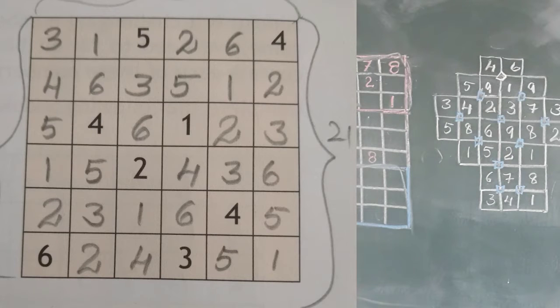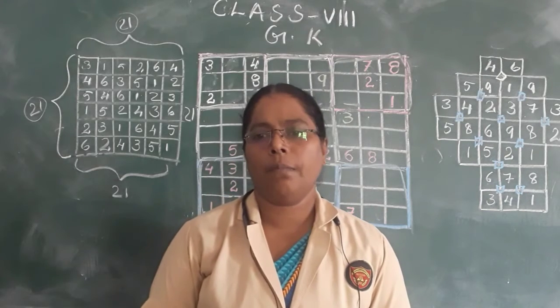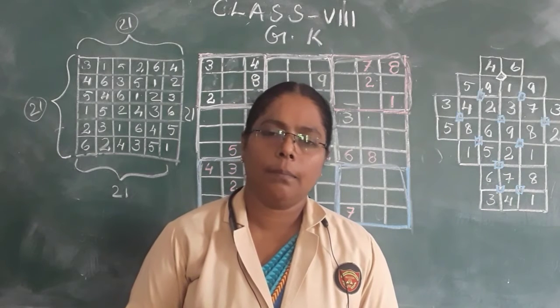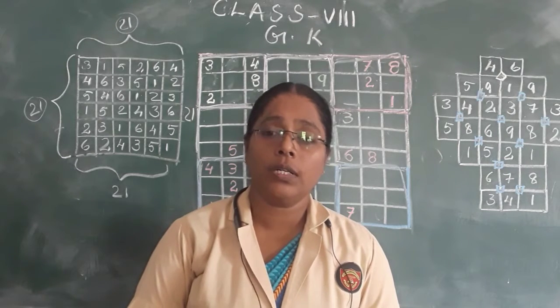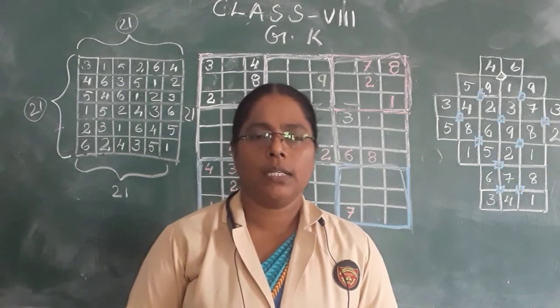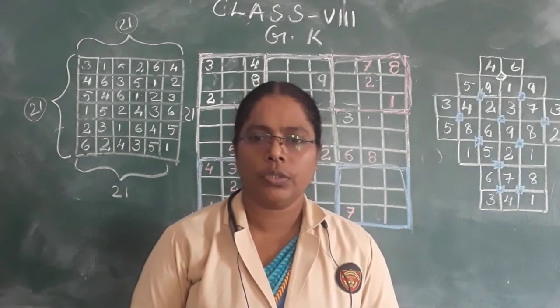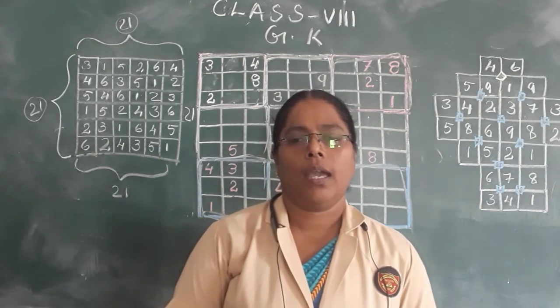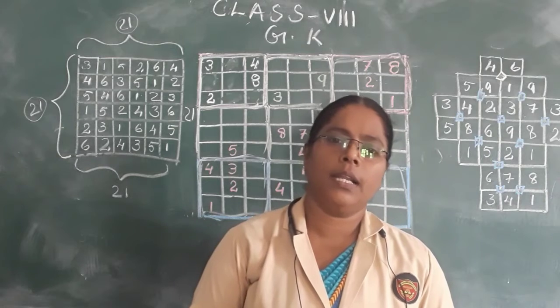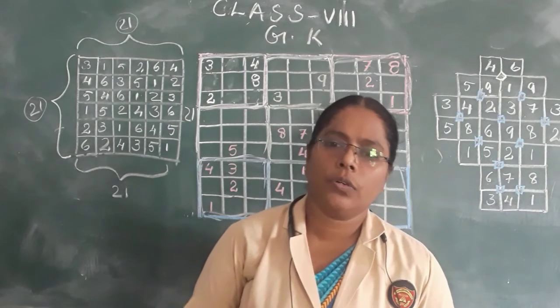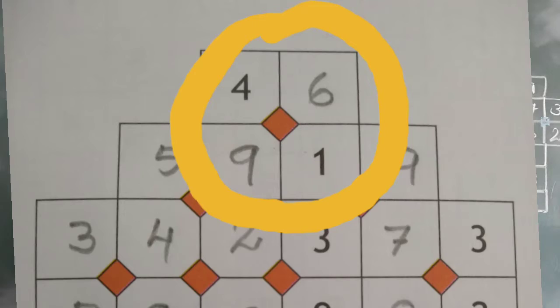Okay, and the next one, a diamond shape in the middle means that the 4 numbers around it add to 20.